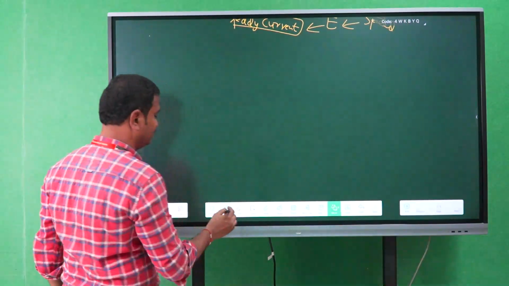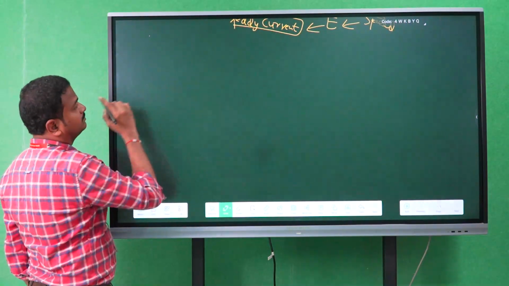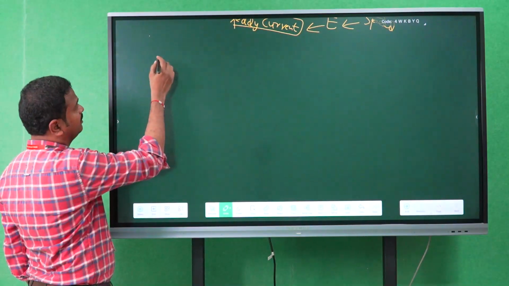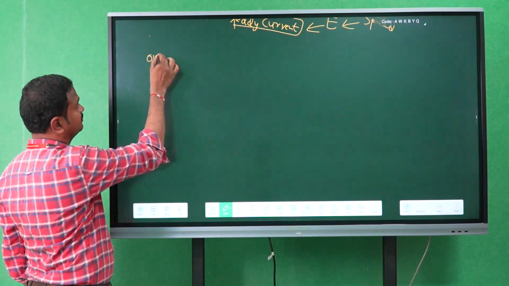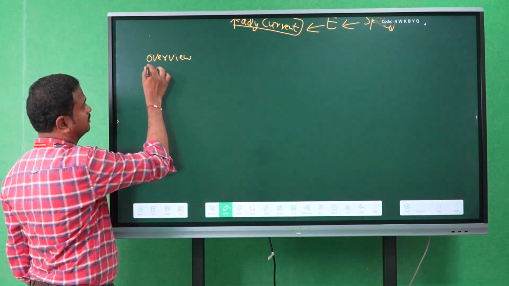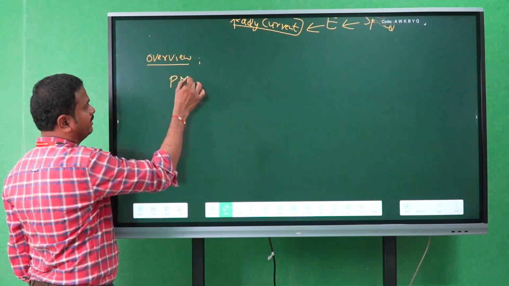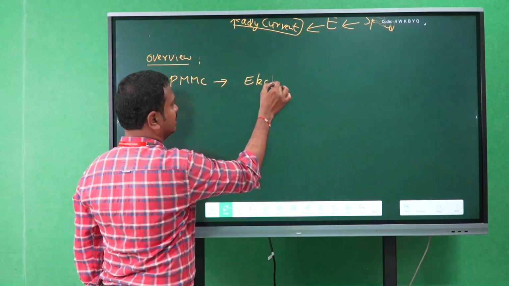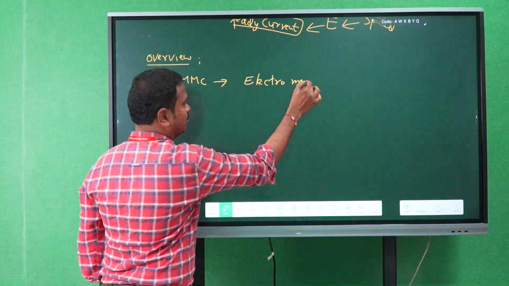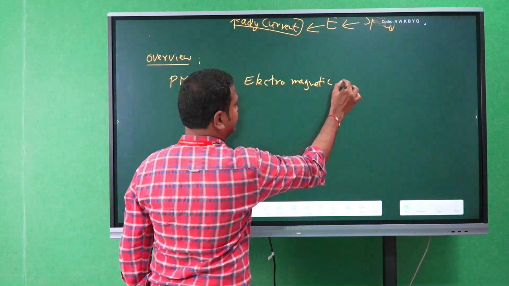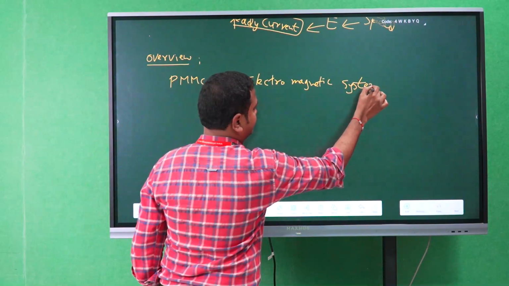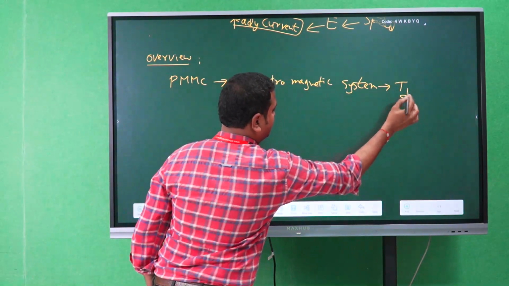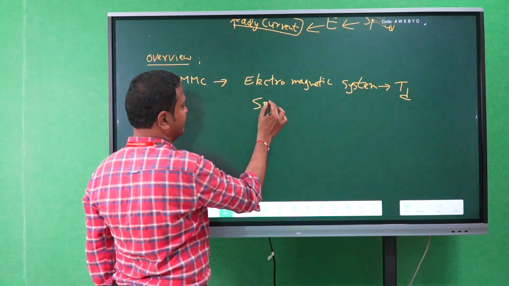Clear? Now, first of all, overview. So in the PMMC instrument, we are using electromagnetic system for the deflecting torque and control springs.